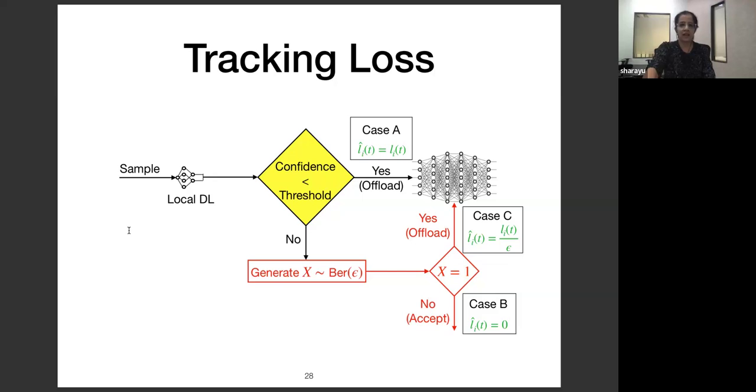What this scaling does is overall, it makes L hat an unbiased estimate of the loss function L. And in our variant of the hedge algorithm, which we propose for our problem, since we don't know the loss function, we use L hat instead as a proxy to update the weights for the experts.